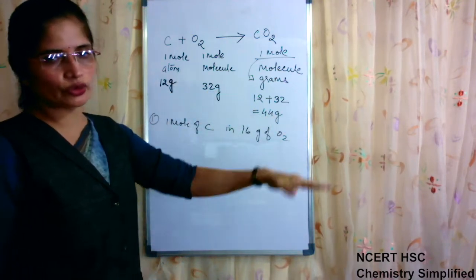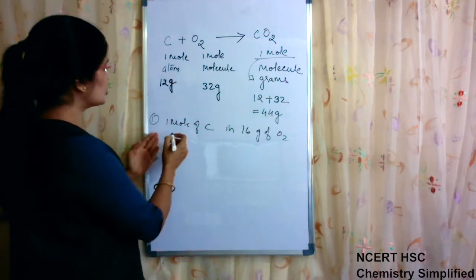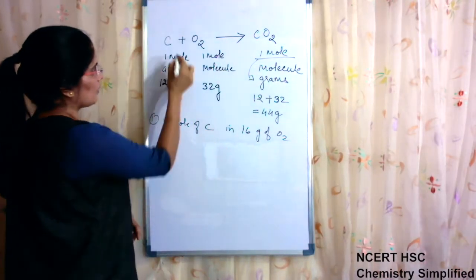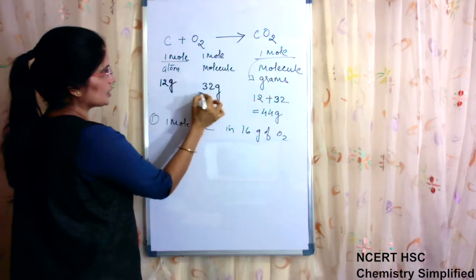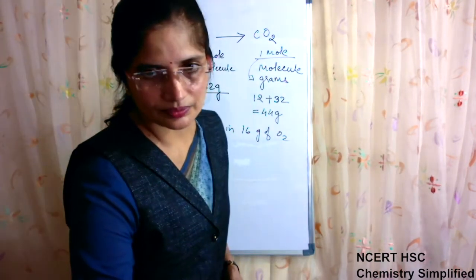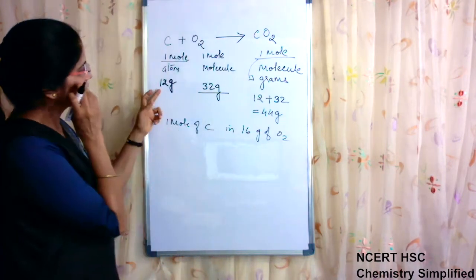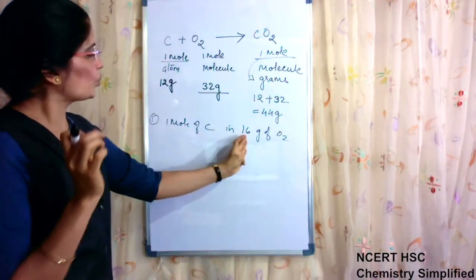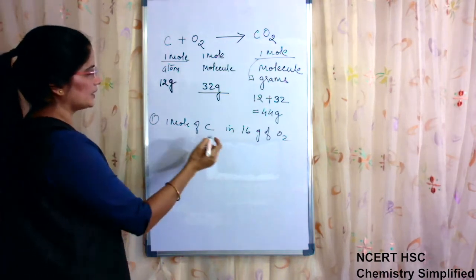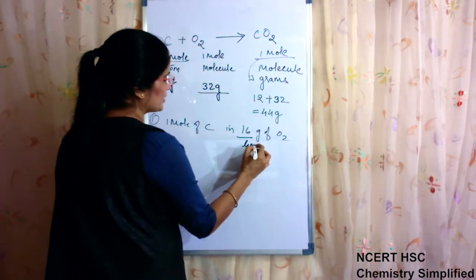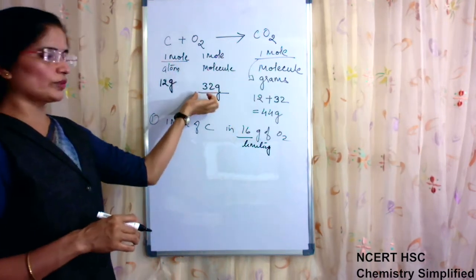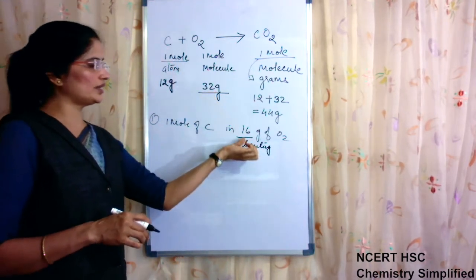So according to the balanced chemical equation, if we see in terms of mass, 12 grams is reacting with 32 grams to give 44 grams of carbon dioxide. So 1 mole of carbon and 16 grams of O2. That means what? 1 mole is reacting with 32 grams according to balanced chemical equation. Okay. Then in this case only we have to see with 16 gram of oxygen. That means what? It is acting as limiting reagent, because balanced chemical equation requires 32 grams, available only is 16 grams.